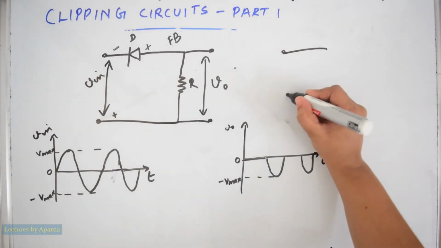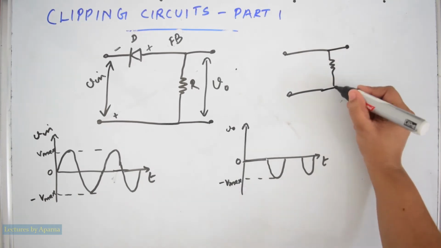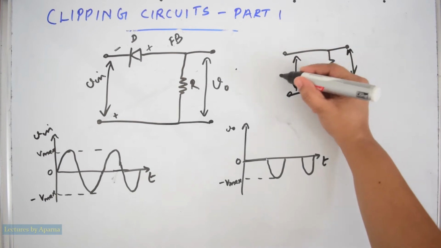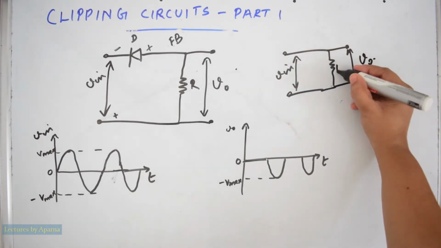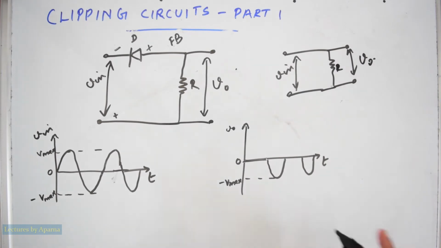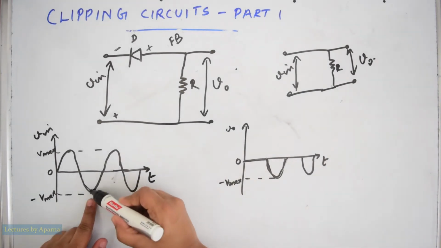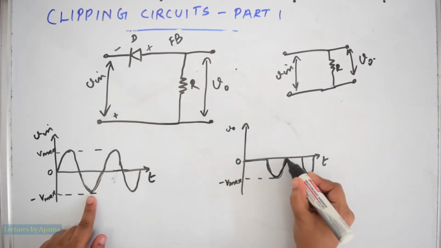So this circuit will look like this. Whatever is the input voltage, that will appear at the output. So in the negative half cycle, whatever signal is at the input will appear at the output.